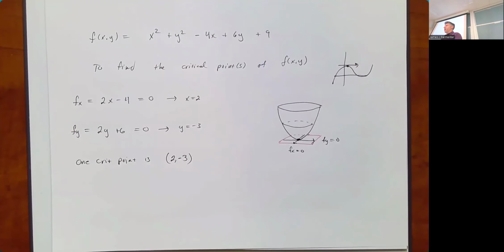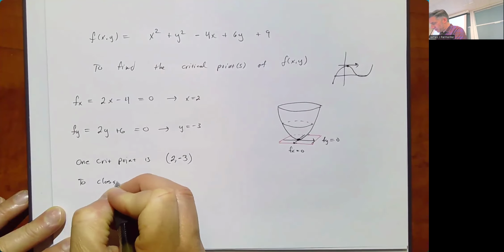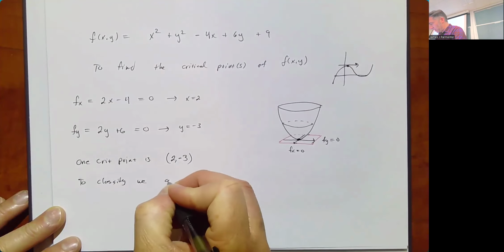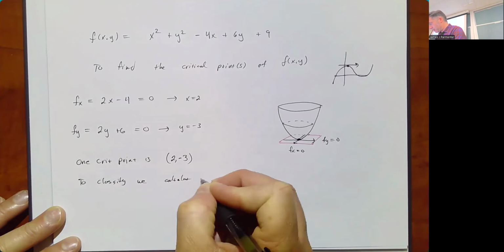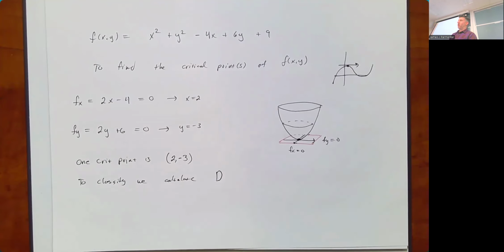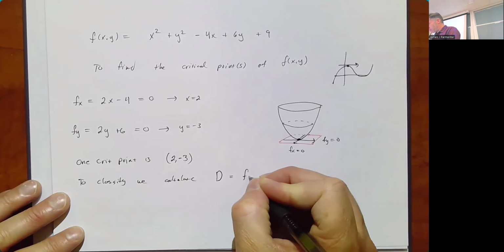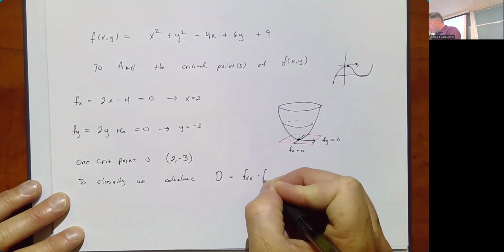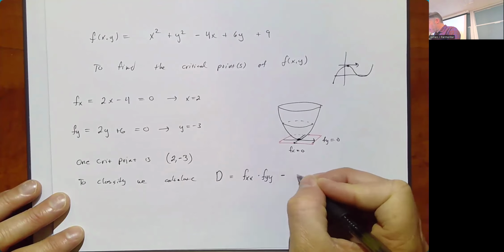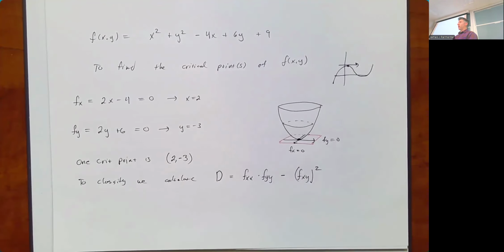How do we classify this? We calculate the determinant of the Hessian matrix, which you don't actually have to know. We calculate this thing D, which is just the second partial with respect to x times the second partial with respect to y, minus the mixed partial squared. The mixed partial can be calculated either way.